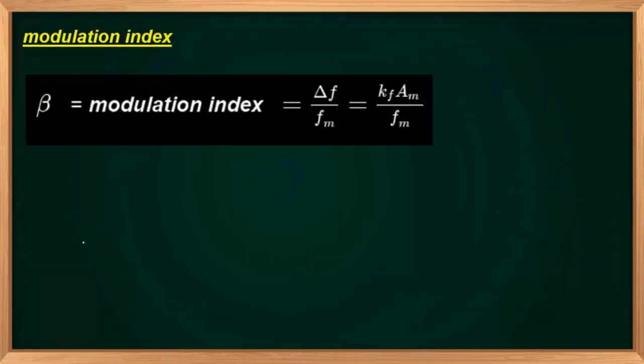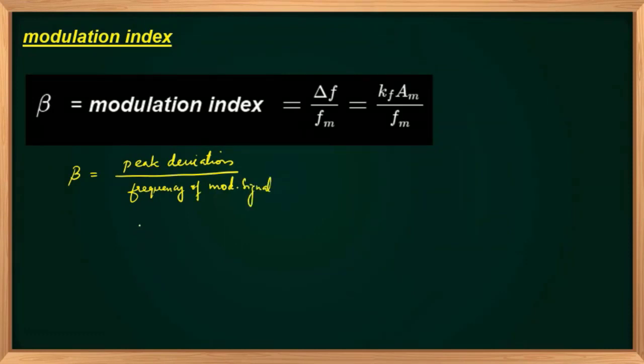The next quantity is modulation index. The modulation index beta is defined as the ratio of maximum or peak frequency deviation to the frequency of the modulating signal.